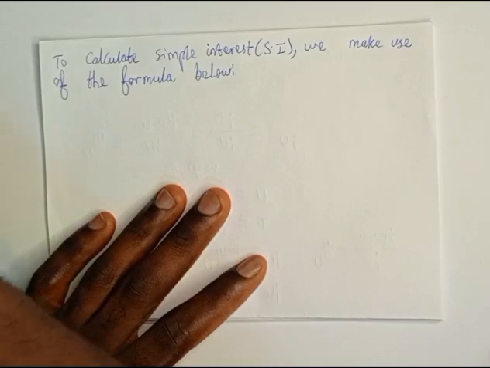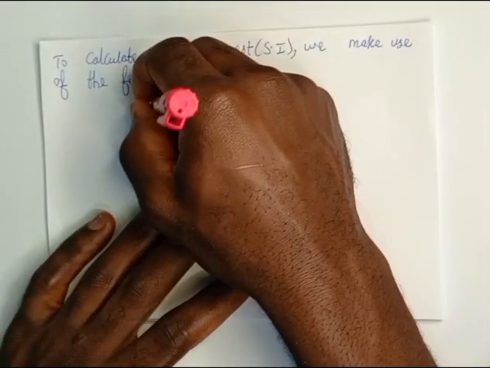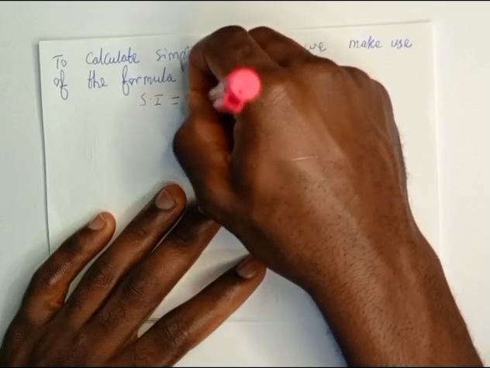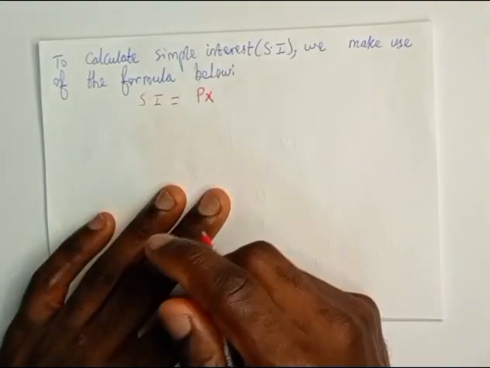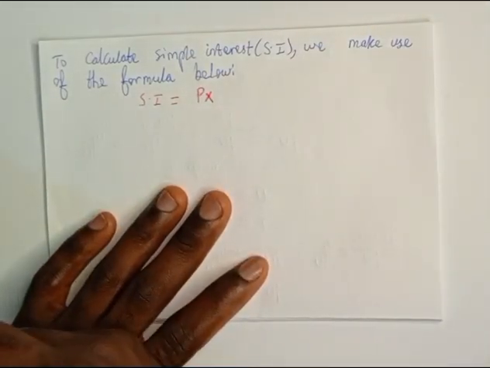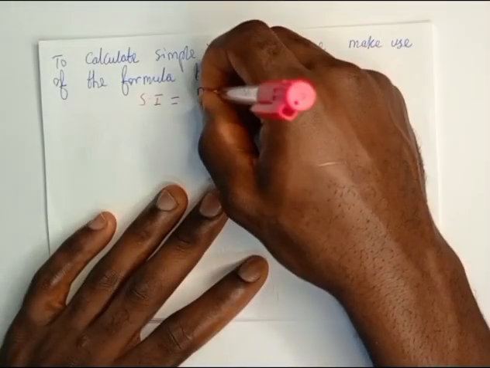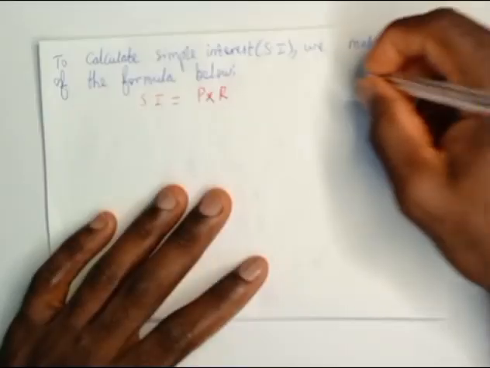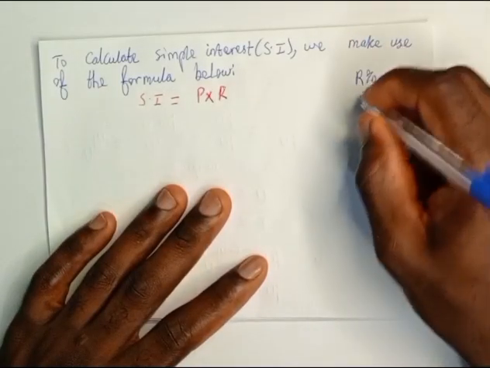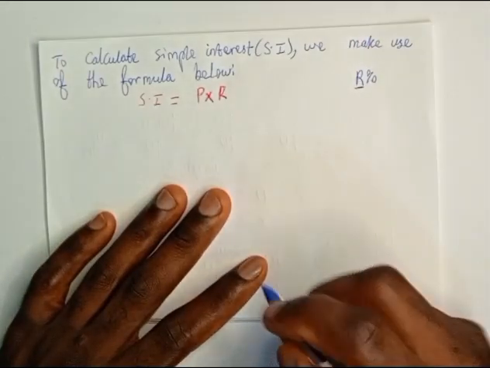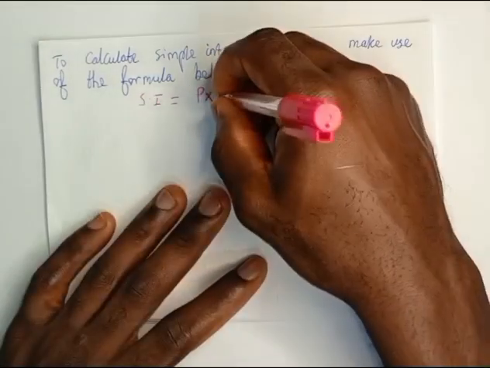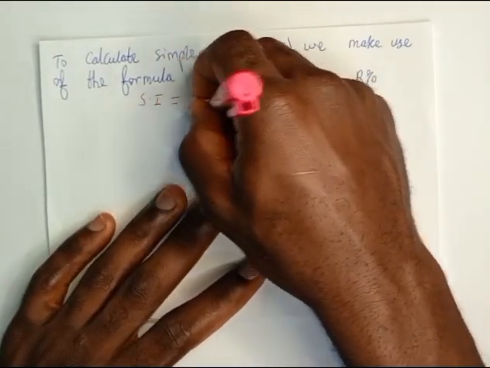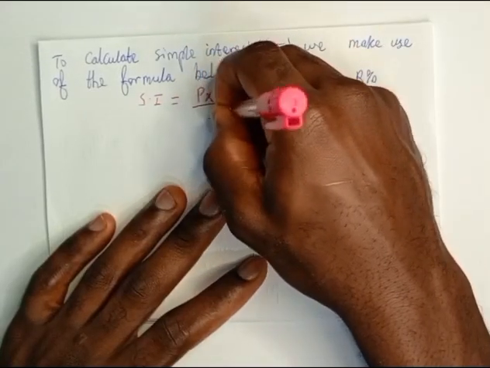Make use of this formula to calculate the simple interest. SI is given by take the principal times the value of the rate. Remember, the rate is given as a percentage, R%, like this. So you take down just the value of the rate, which is R. You multiply by the time, then you divide by 100.